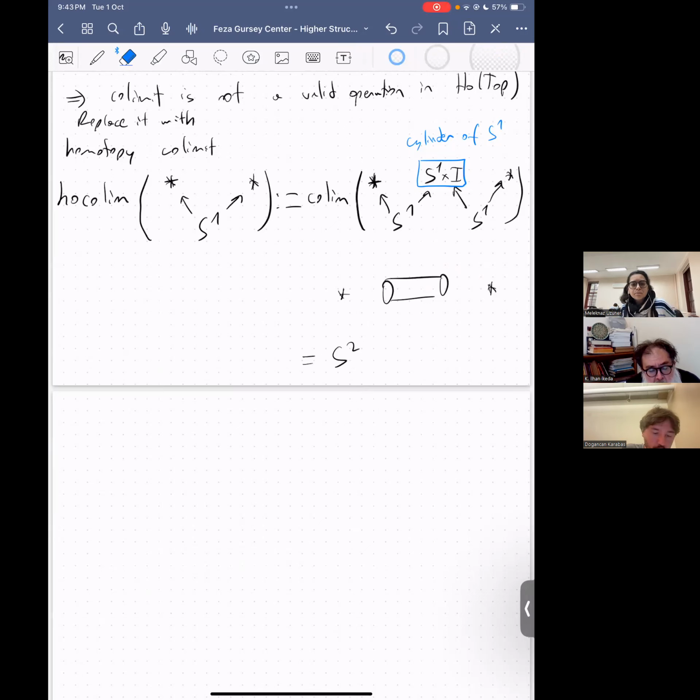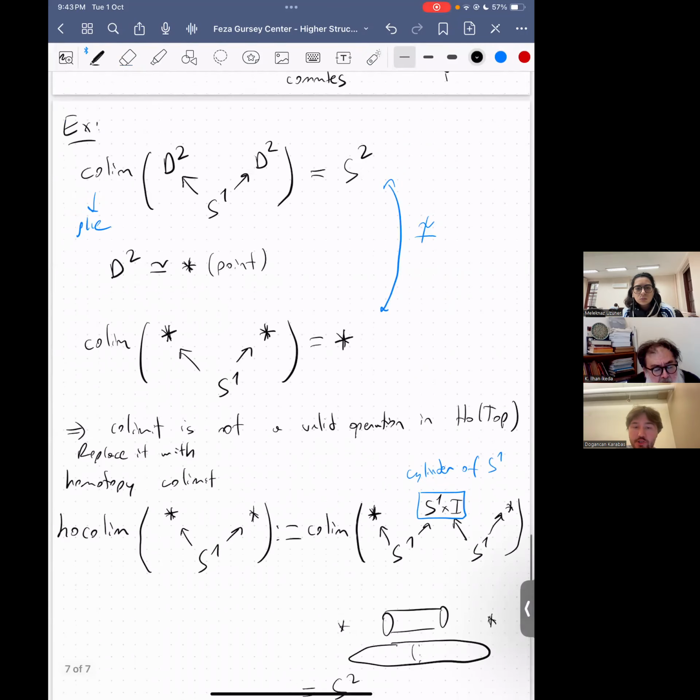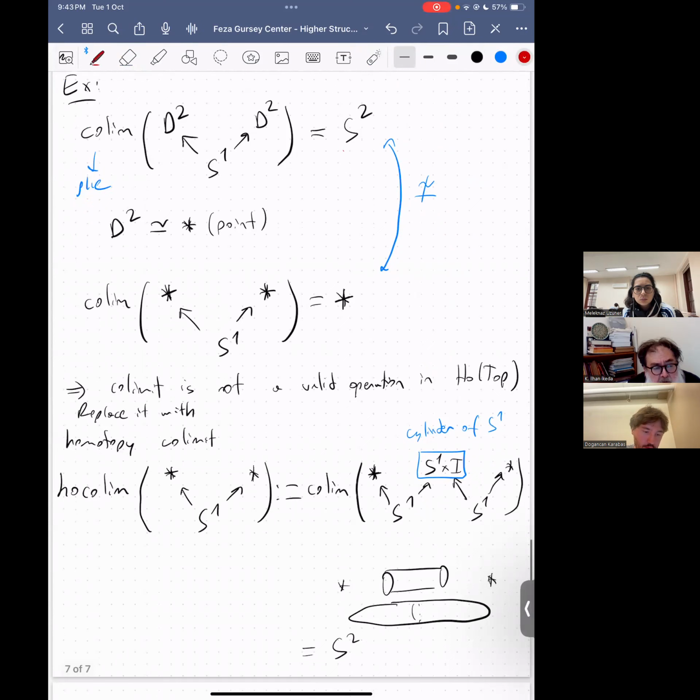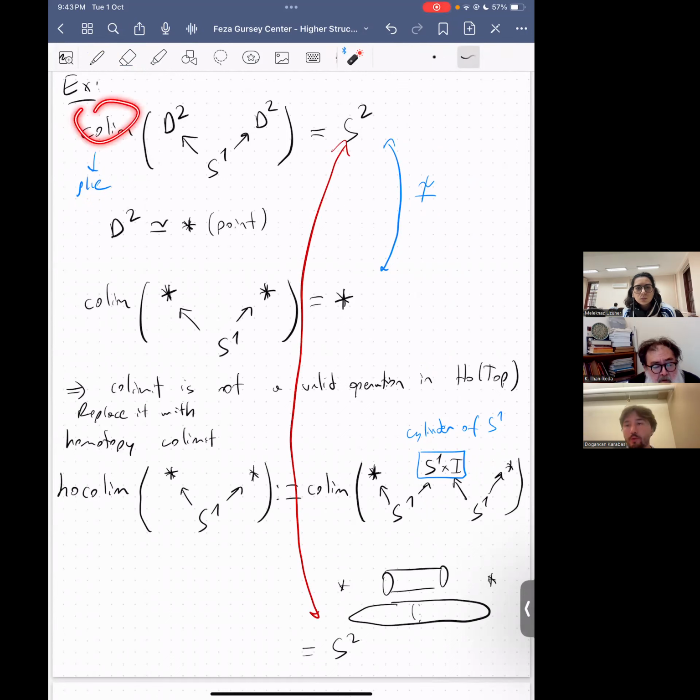If you glue a point, a cylinder and a point, you get this sphere, which matches with this. I should also take the homotopic limit here, but if you do, it will still give you S2.